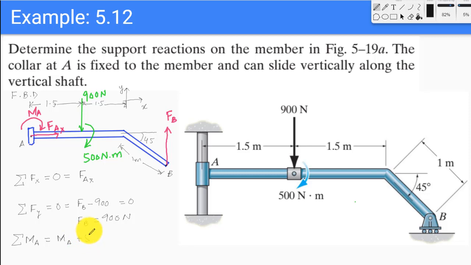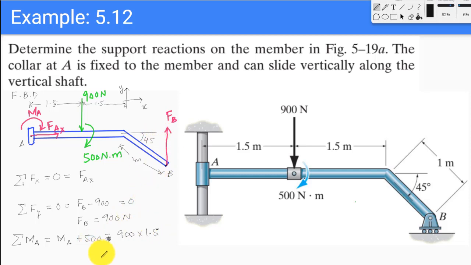MA plus 500, which is the couple moment here, and then we have a couple moment because of this 900 force, which would produce a clockwise moment. A clockwise moment we represent with a negative sign, so minus 900 times 1.5.